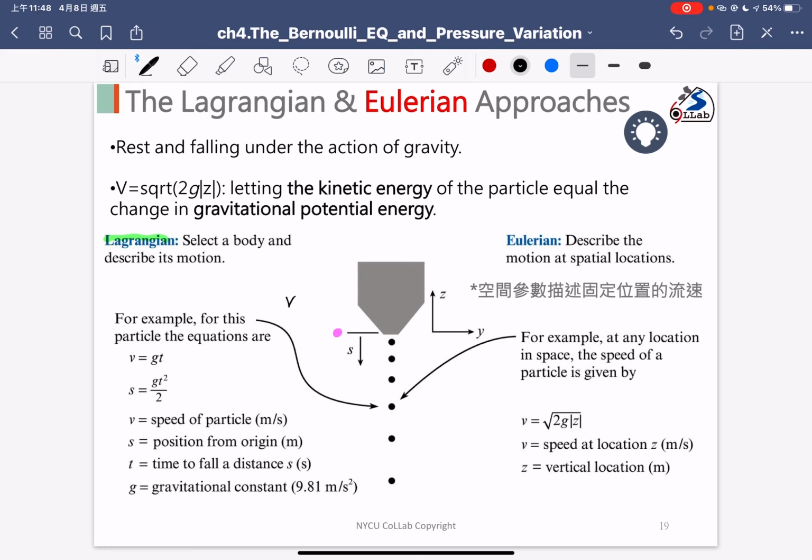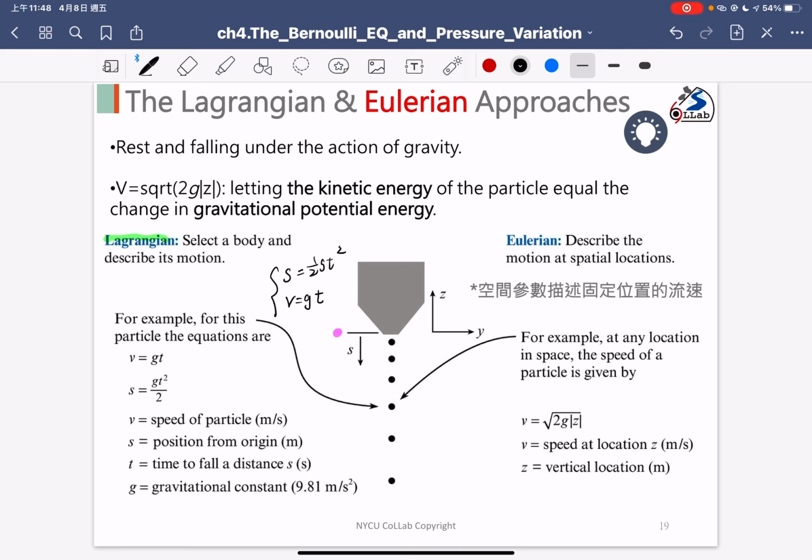I have the velocity function equal to gt, right? And I have the displacement function equal to one half g t squared. So I only have the physical property as a function of the time, and I can predict the location and the velocity.